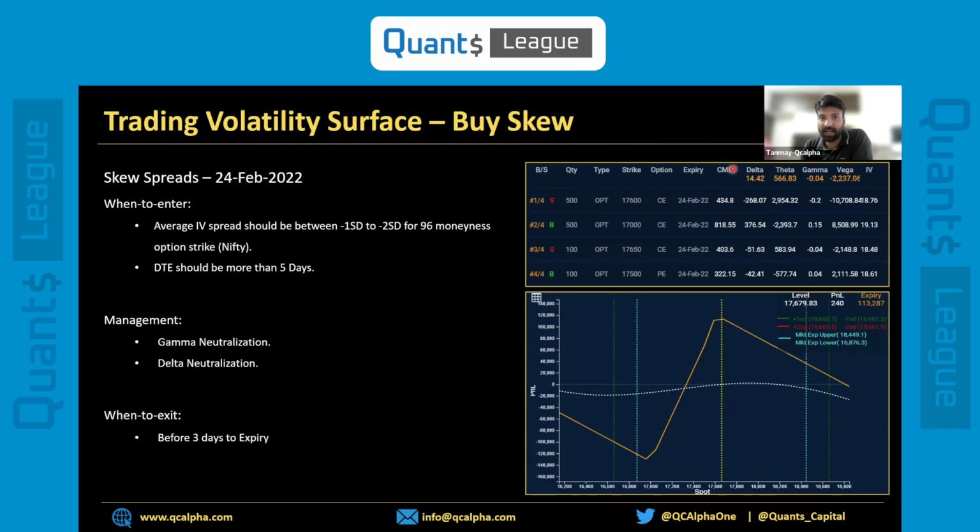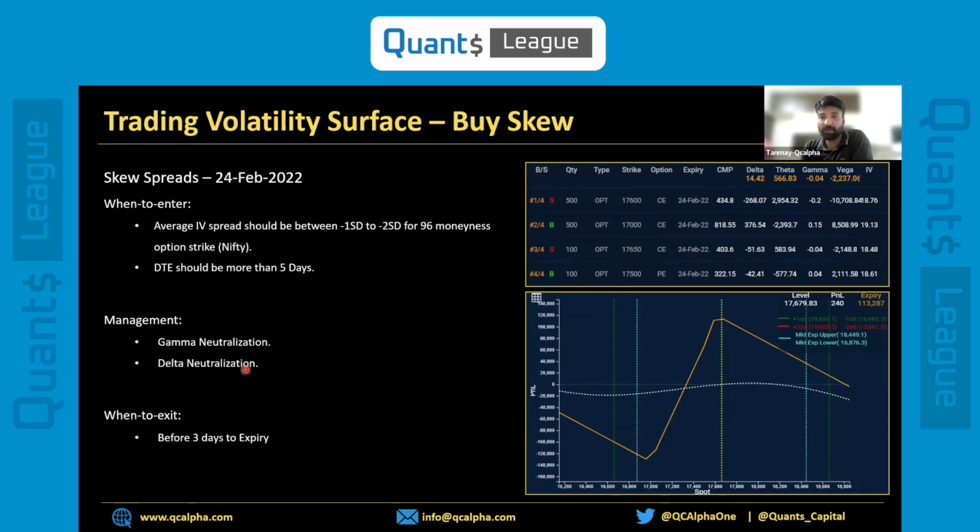So exactly the reverse should be done: the 17600 calls were sold, and in this case I have used 17,000 calls, which were bought, and the residual deltas were balanced with the help of synthetics or futures or anything like that.